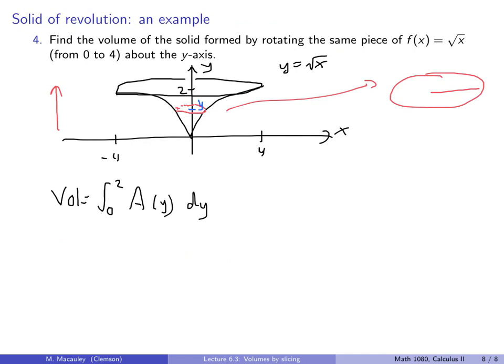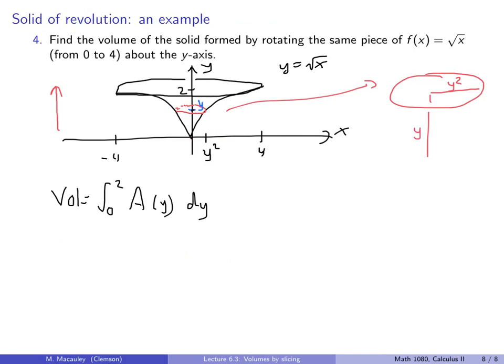So down here, if that is height y, then this has to be y squared. And that's because the y value is the square root of the x value. So this little disk here has radius y squared. And it has height y.